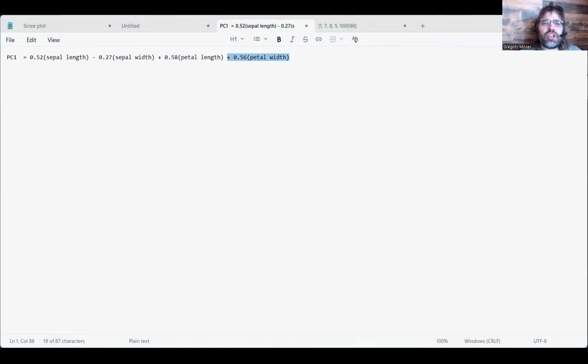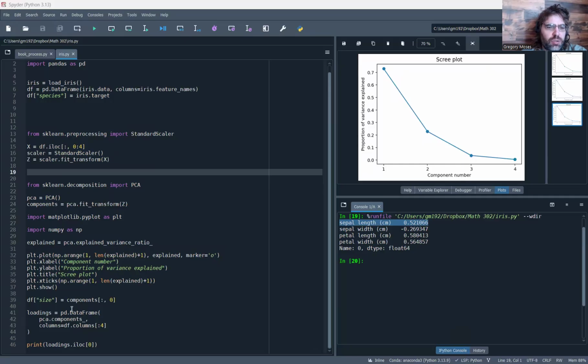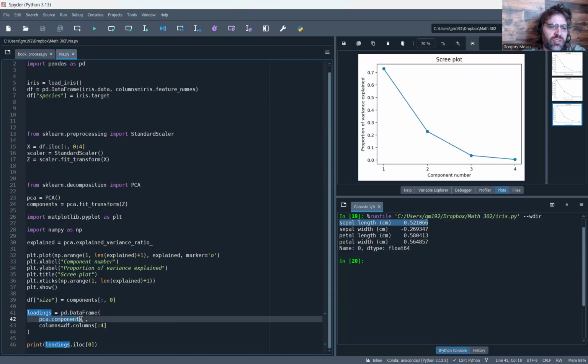In terms of the code, there's no mystery. These coefficients, which are called loadings in this context, are stored here. So there we are.